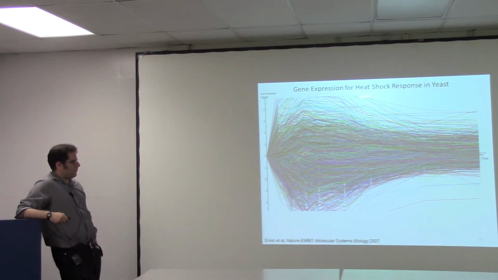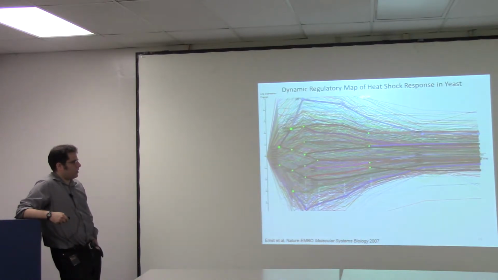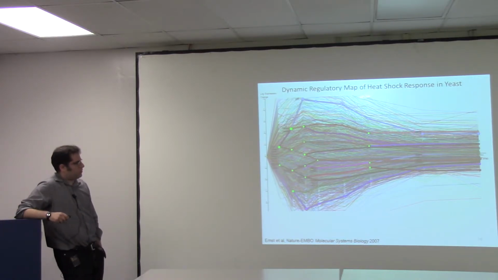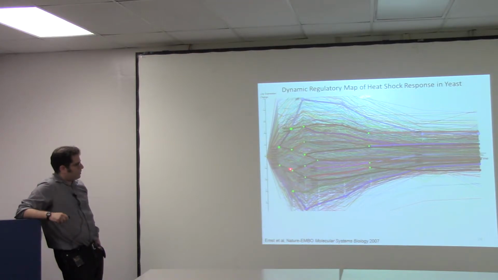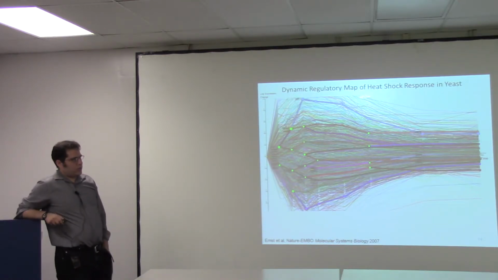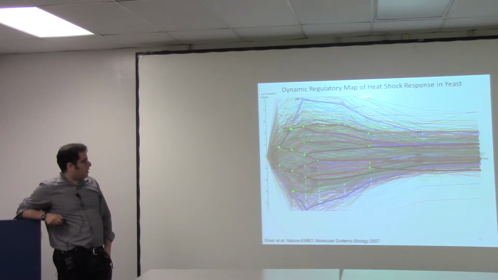And the method that I developed, DREM, is effectively building a map on top of this, where each line corresponds to a different path through the expression space, a major path. And the green nodes here correspond to bifurcation events. So it's effectively a tree structure. It's saying that genes have some pattern, and then there's some divergence. And then it's annotated these splits with transcription factors that are potentially driving the split.